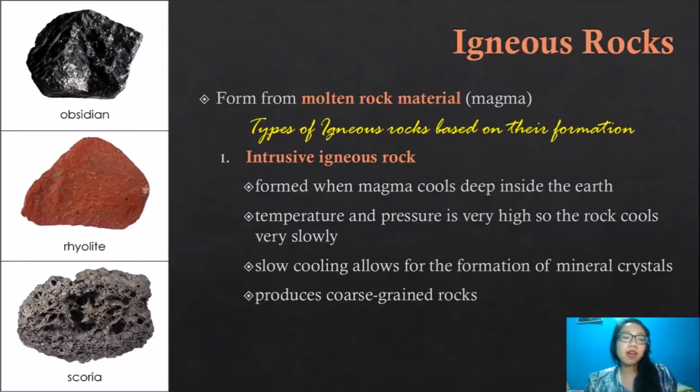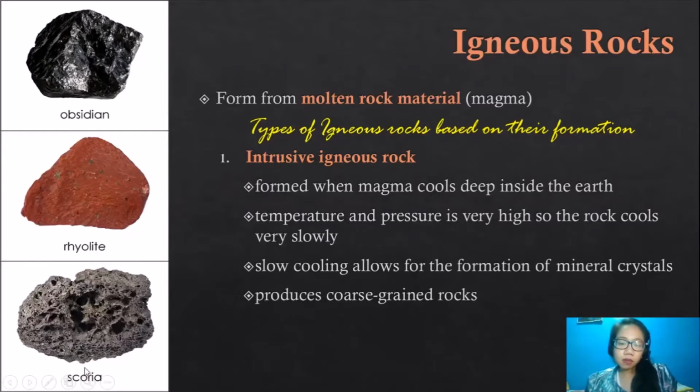So just remember, inside the Earth, that's intrusive. So intrusive igneous rock forms when magma cools down deep inside the earth. Since it's deep inside the earth, the temperature is pretty constant and pressure is high. Thus, the resulting rocks have cooled slowly.